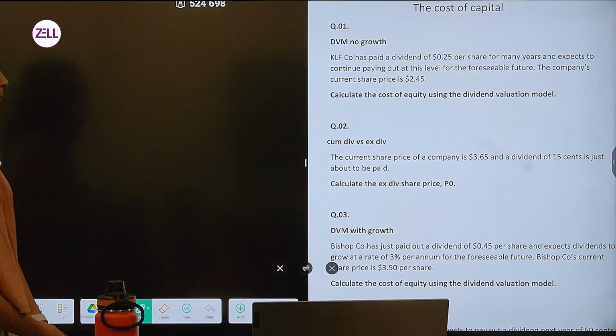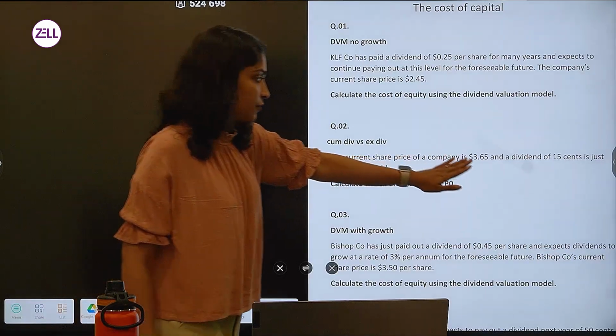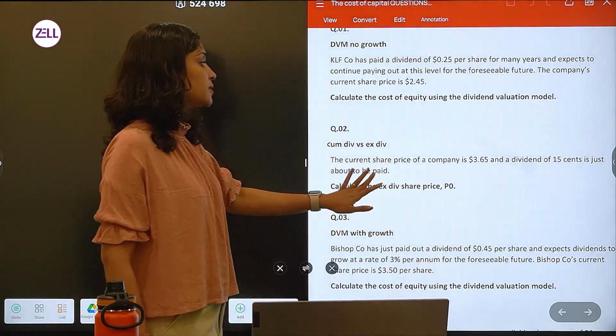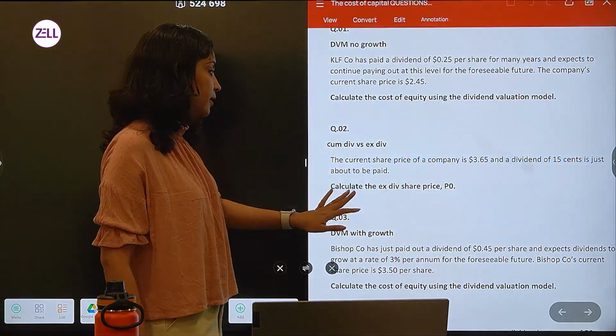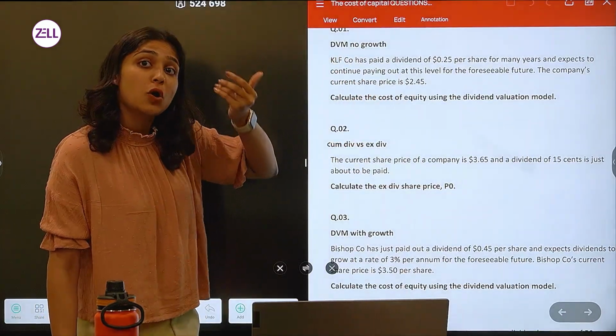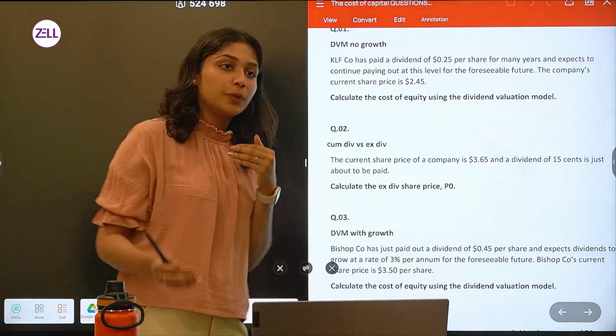What are they saying? The current share price of a company is $3.65 and the dividend of 15 cents is just about to be paid. So here, if you observe, the previous question said the dividend was already paid, right? But now they're saying it is about to be paid.